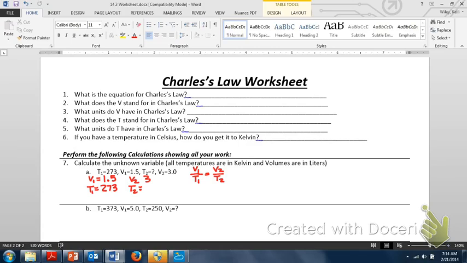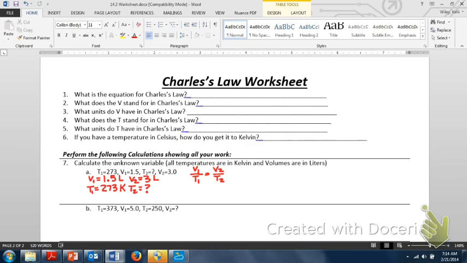V2 they gave you is 3. And T2 they're saying we don't know. They're telling you in the directions that all our temperatures are already in Kelvin, so you don't have to do any conversions, and the volumes are already in liters. So you're ready to just basically do plugging and chugging on your Charles Law problem.